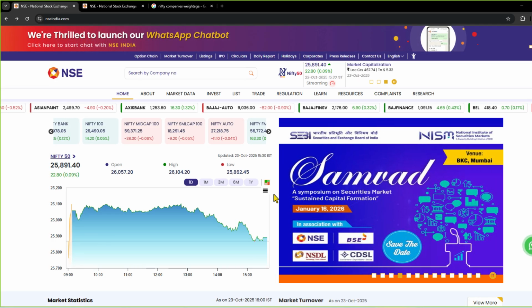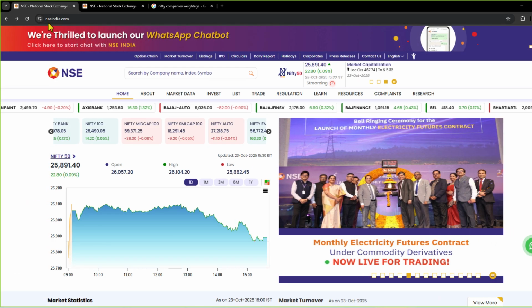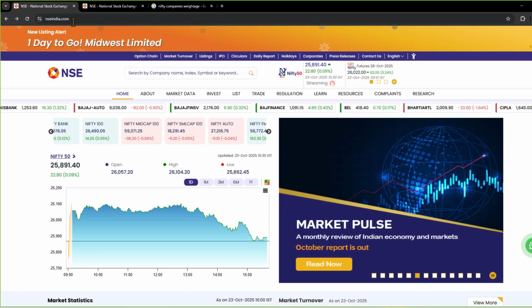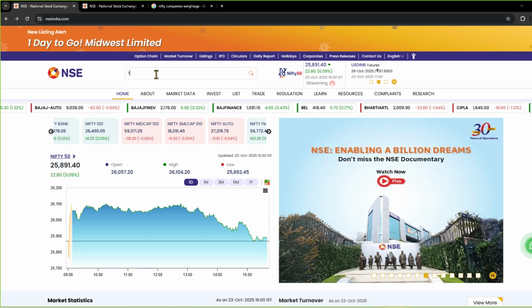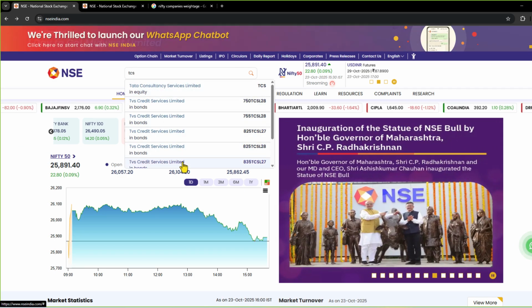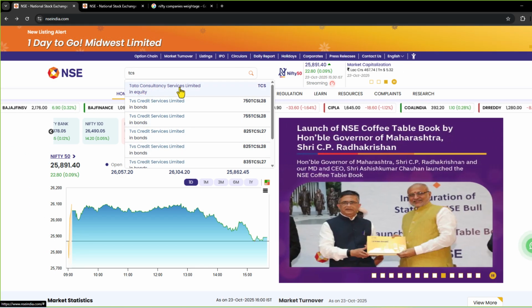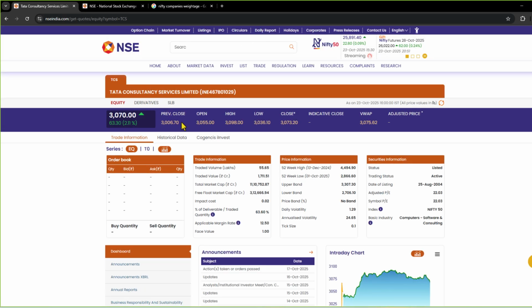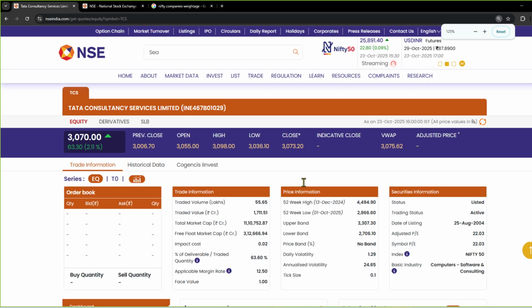Alright. So now I am in the website of NSE India, and here I will type TCS, and in the results I will click on TCS in equity. Okay, and when I do that I get this page. Let me zoom in.